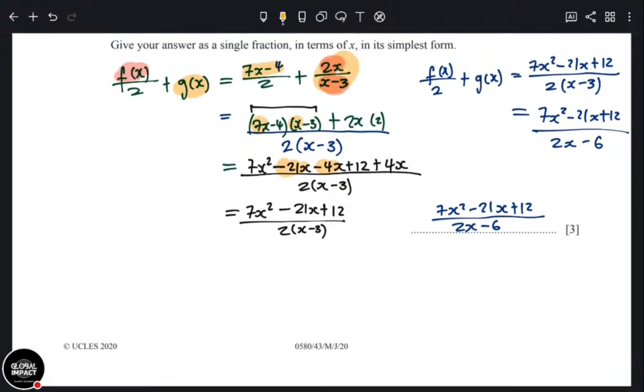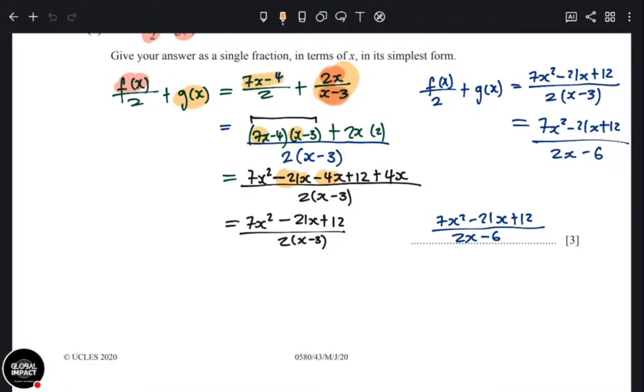Can 12 not be divided by minus 6? No, you can't.